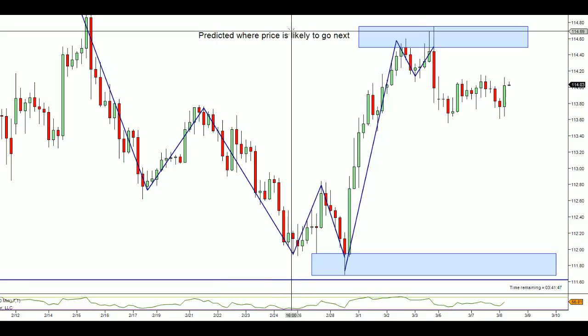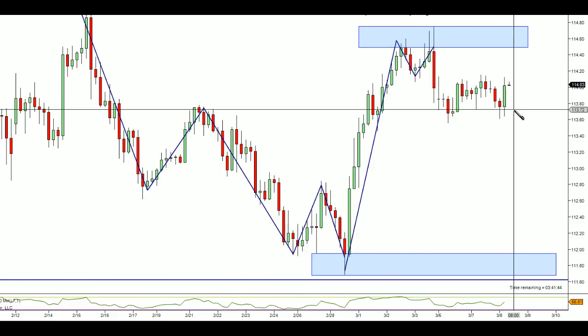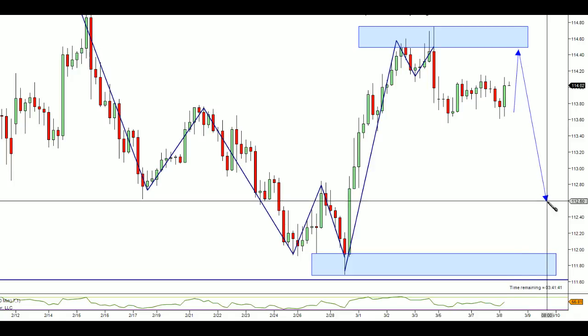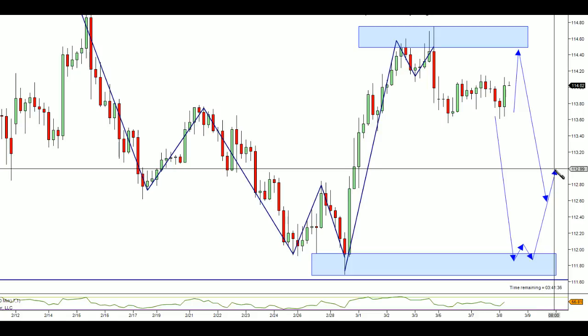Let me put arrows in. We could rally up, then fall, or we could fall and then maybe put another double bottom and rally back up.